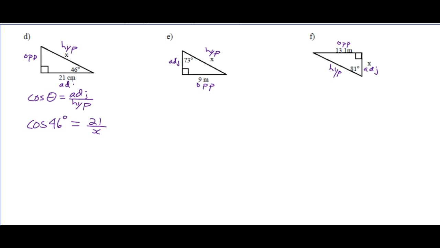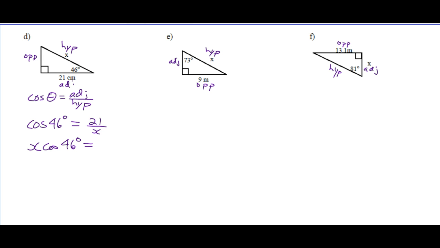Here's the problem. Unlike the first three, the thing we want to find is on the bottom. So how do we do this one? Divide. Okay, so when I do these three, which I think are all going to work out kind of the same, I'm going to do them all the same, and then we'll look for a shortcut. First we multiply both sides by x, just like we did before.